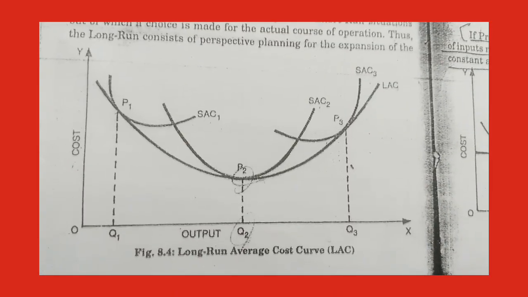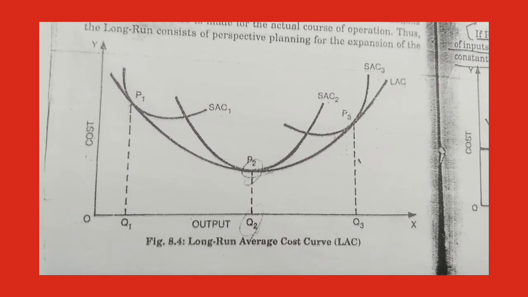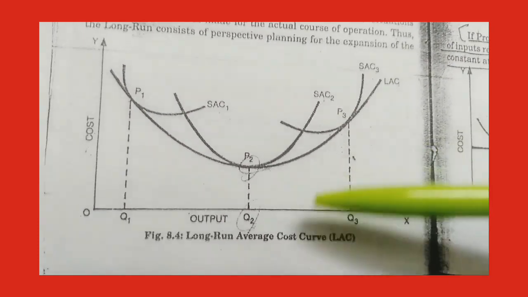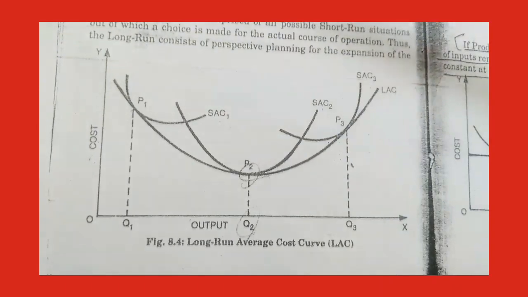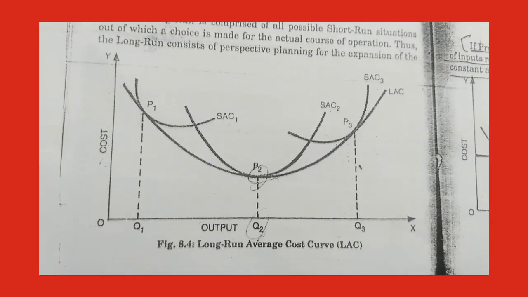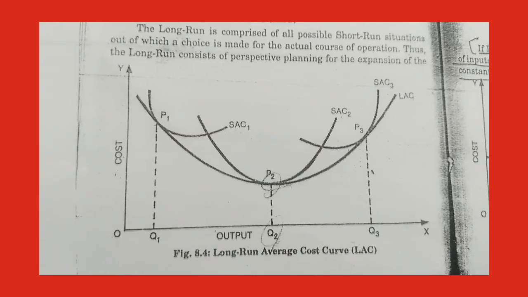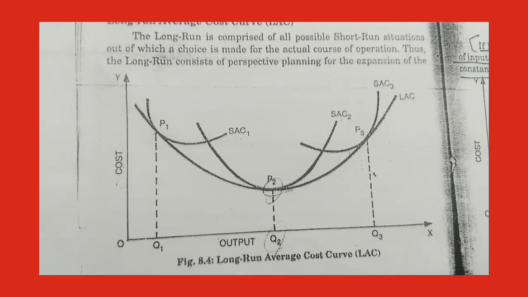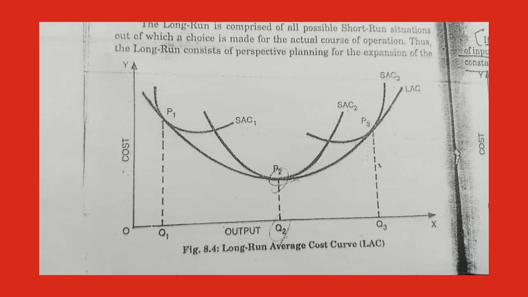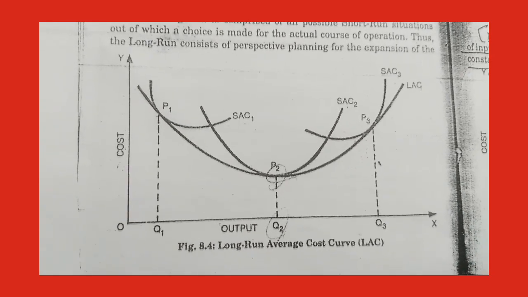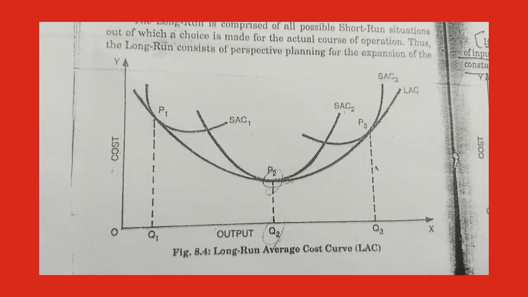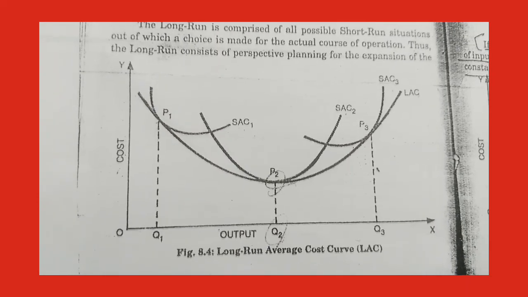This diagram shows the long run average cost curve. The X-axis represents output and the Y-axis represents cost. The long run average cost is the long run total cost divided by the level of output. Thus, the long run average cost curve LAC is the cumulative picture of the short run average cost curves.